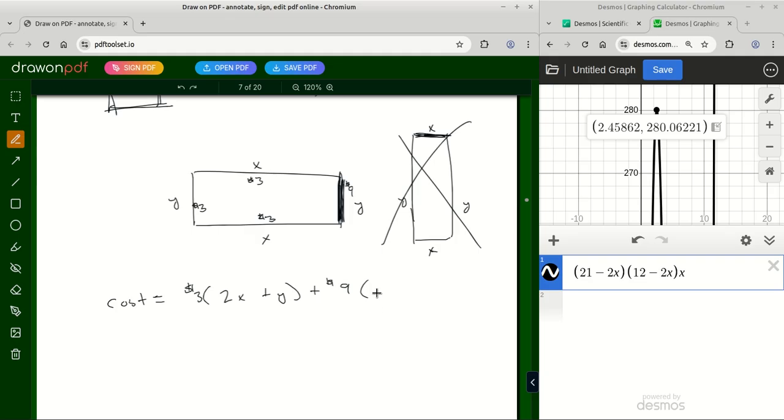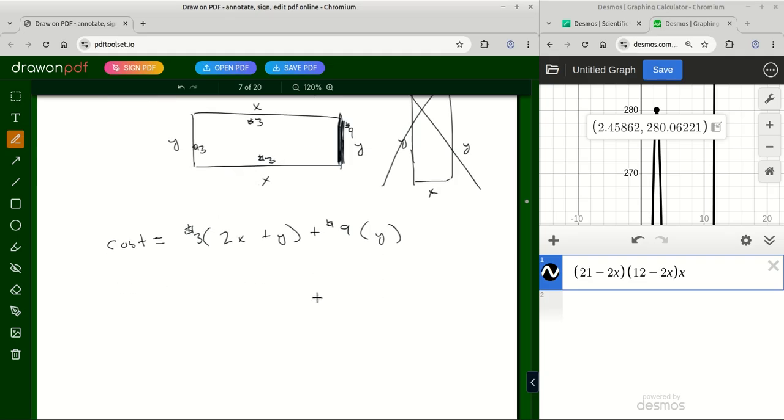So that's my cost. And if you distribute the 3 and the 9, you got 6x plus 3y plus another 9y. Combine like terms, you get 6x plus 12y. So that's my cost. Okay, cool.